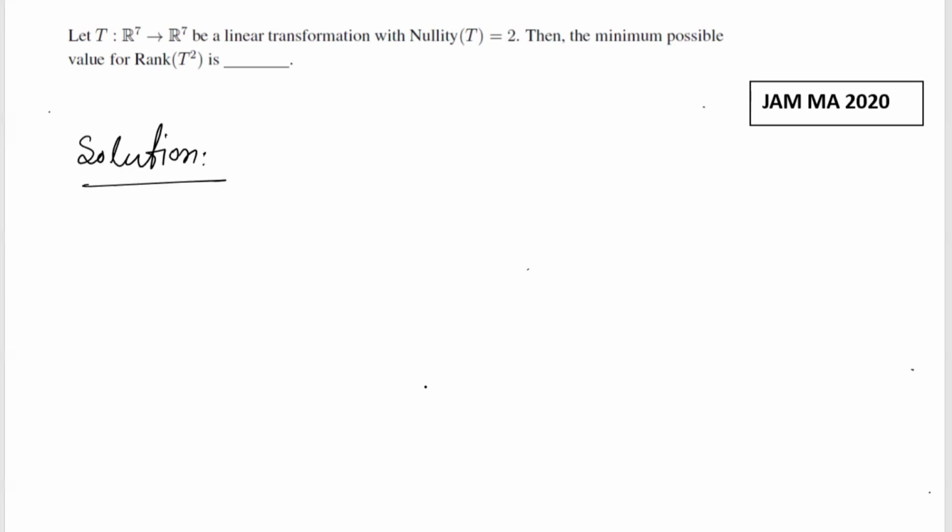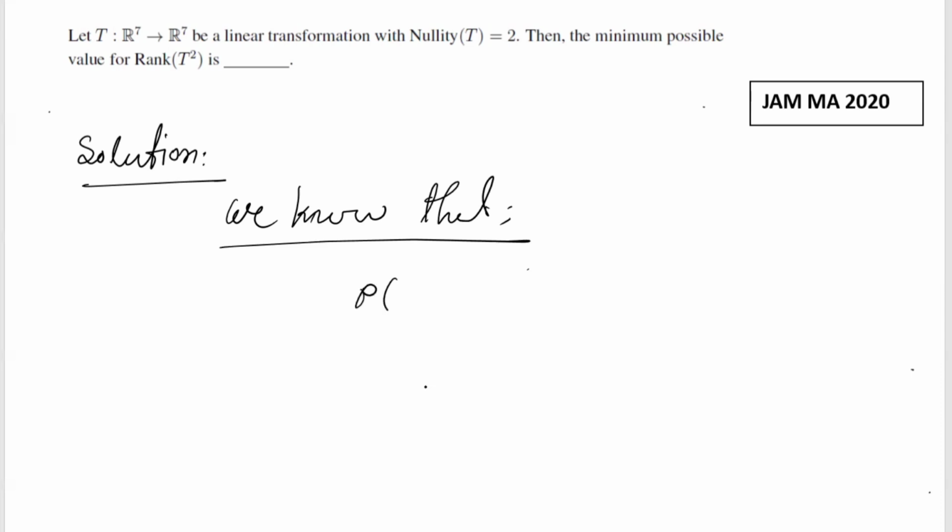We know the result: rank of AB is greater than or equal to rank of A plus rank of B minus n, where n is the number of columns.